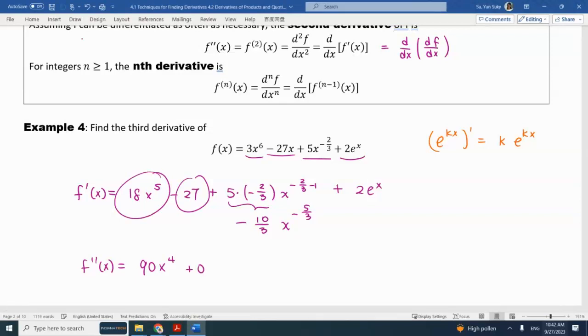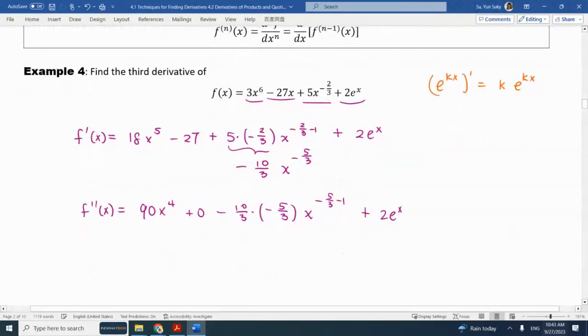Okay, and the next term, Layla, what's the derivative of the next term? And then x to the? Yes. And what's the derivative of 2 times e to the x? Yes.